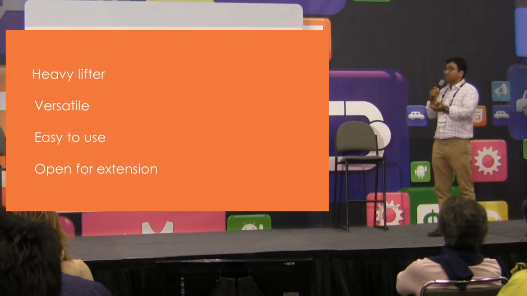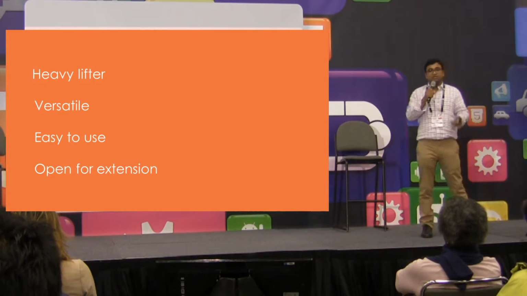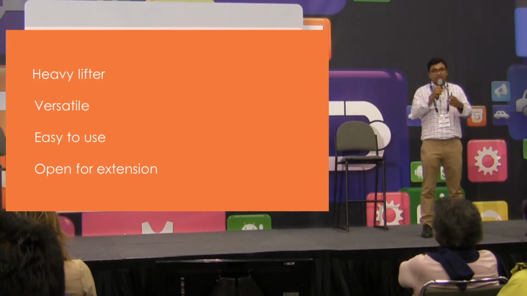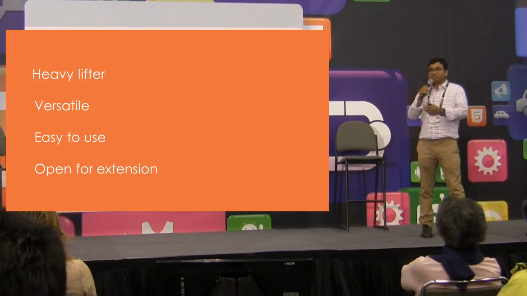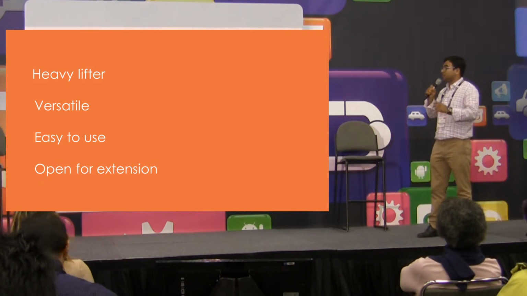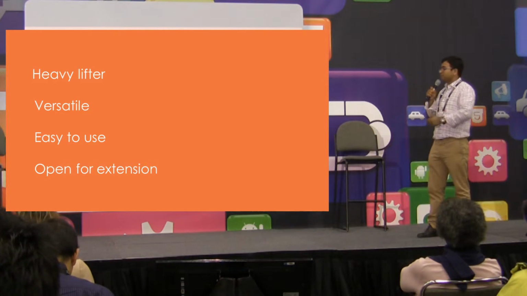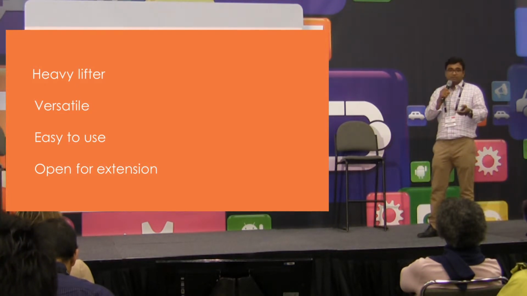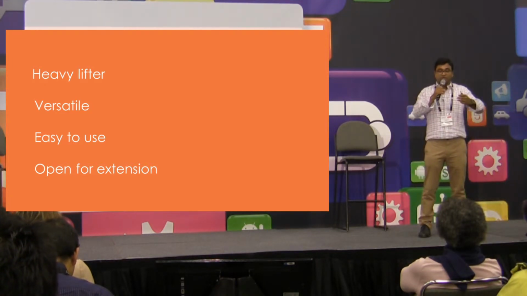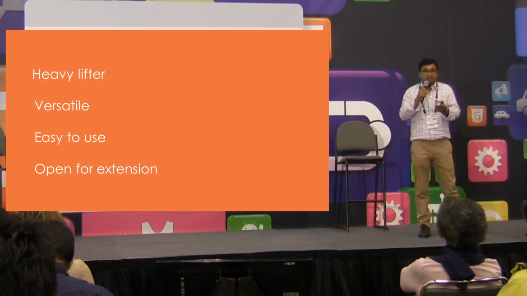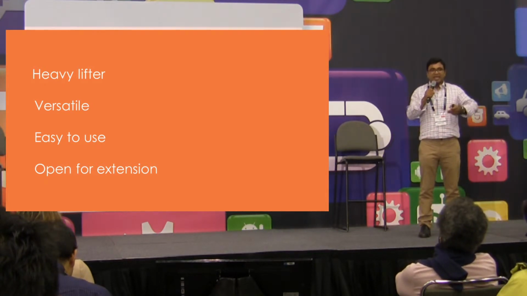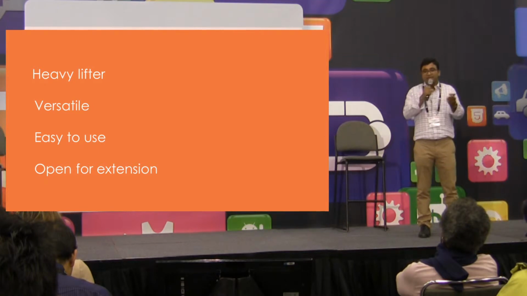The next thing is versatile. It doesn't just lift stuff, it's also versatile in lifting different shapes, different angles, whatever. You throw an object at it, it's going to lift it and put it where you want. And it's easy to use. Even though it's the world's largest bridge crane, it's not any tougher to operate than a regular crane.